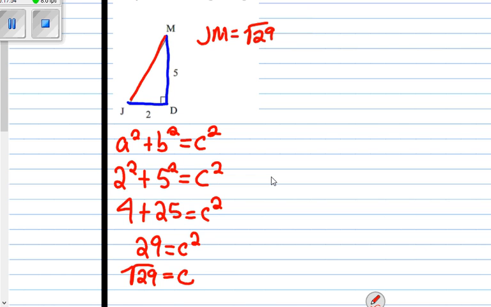Why couldn't we put it in the decimal place? You could, but decimals end up being rounded, and so technically the square root of 29 is a more precise answer because it's not rounded. It's like saying, I can either give you $3.49, or if I round it, $3.50.